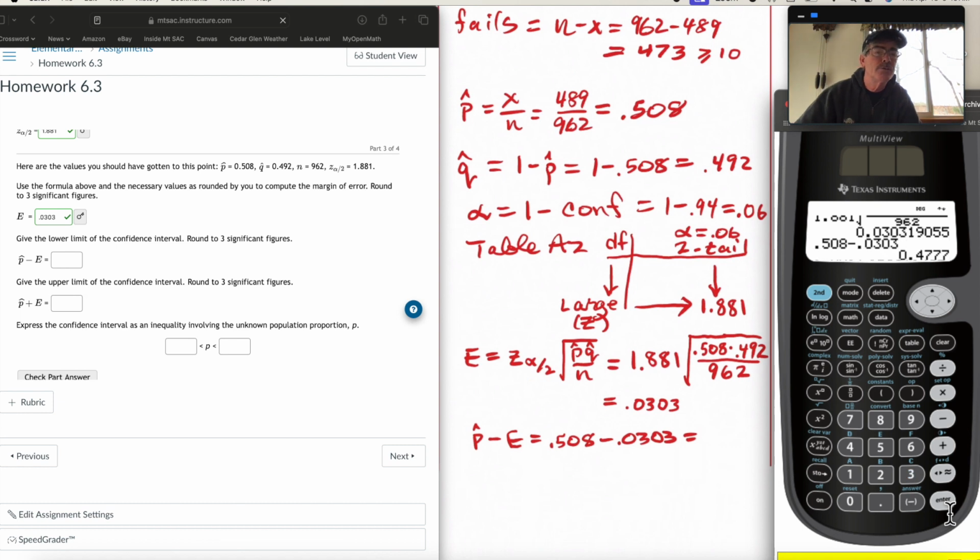Okay, so that's 0.477. I'm going to have to round that to 0.478, 3 significant digits. And then p hat plus E, same numbers, but add.